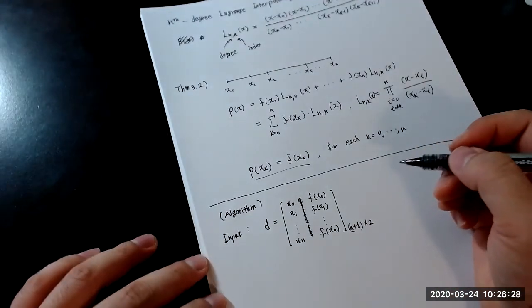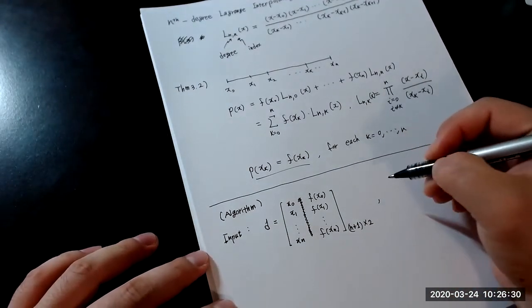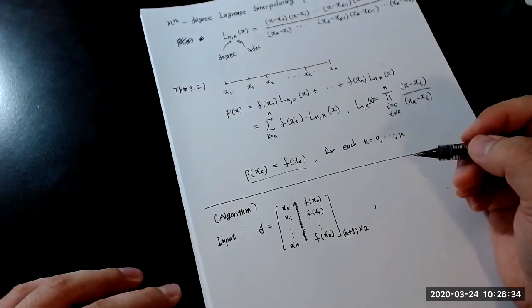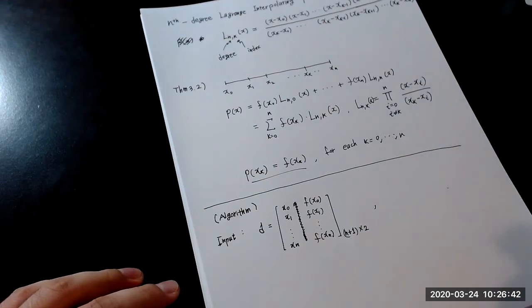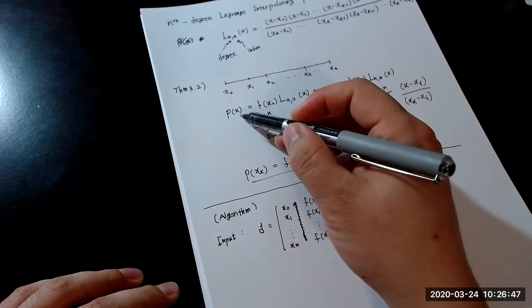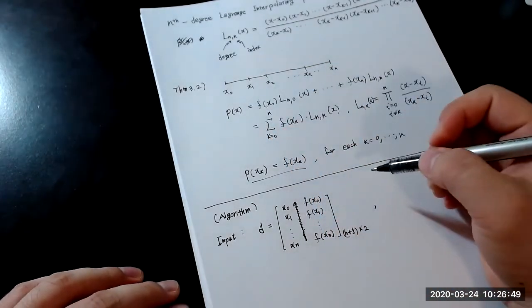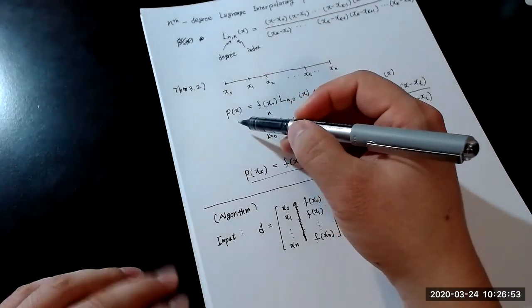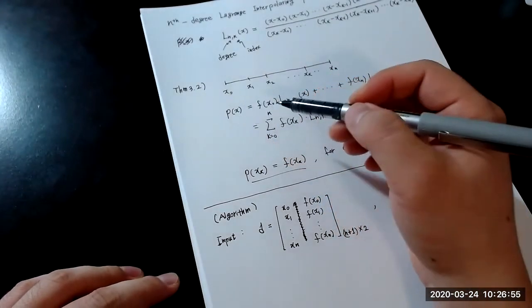Okay, and then the reason we construct the Lagrange interpolating polynomial is because we want to construct p(x), right? Why do we need to construct p(x)? Because we want to approximate the unknown function f.